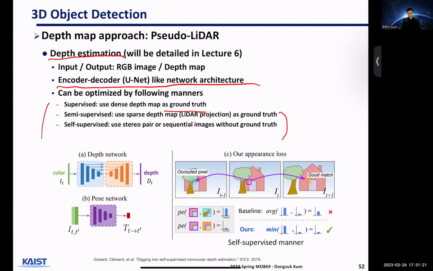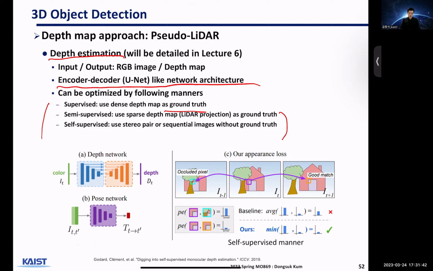That field is sometimes called structure from motion, and we can reconstruct the 3D environment using multiple camera inputs.